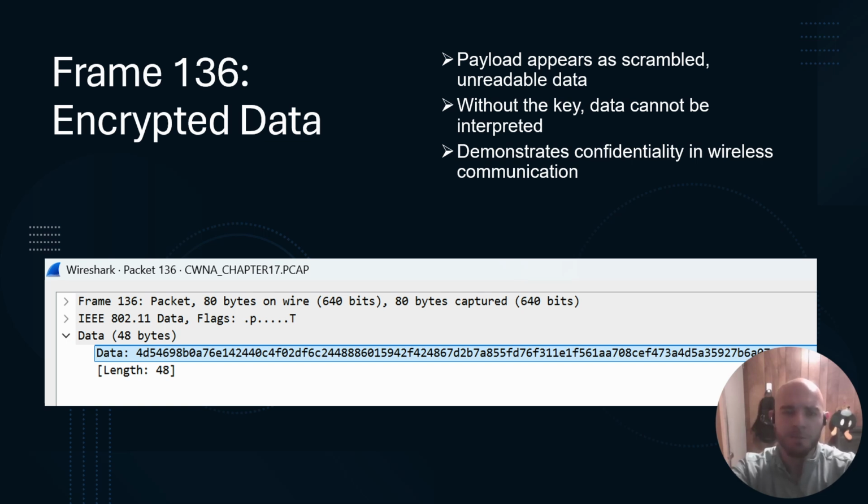Even though we can capture the frame, we can't read any of the information inside above layer 2. Above layer 2 is fully protected. Encryption ensures that even if someone's monitoring the network, the data remains secure and unusable. Comparing this to the unencrypted frame highlights the difference between exposed traffic and properly secured traffic.